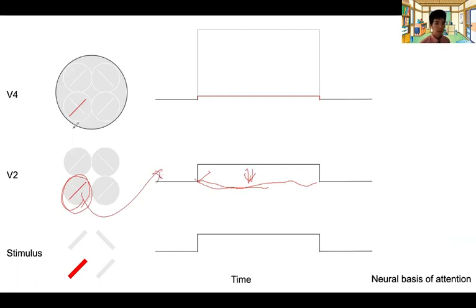And then the other neurons are also weakly exciting these V4 neurons and so on. And this neuron, now that it's much weaker than the usual firing rate, actually provides inhibitory input to this neuron.